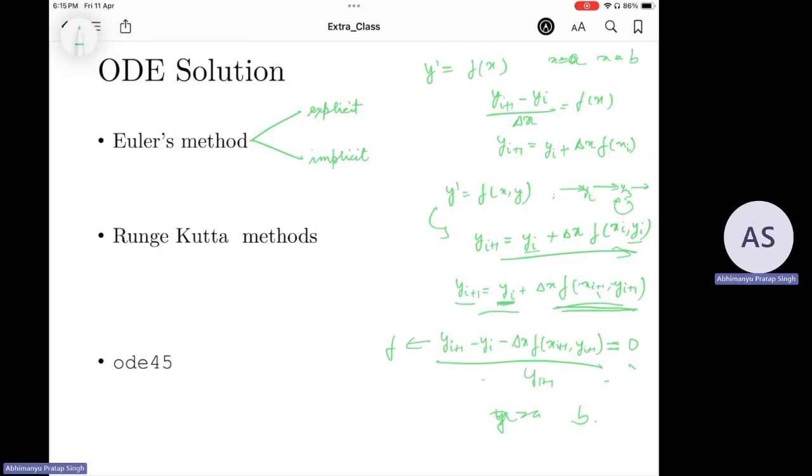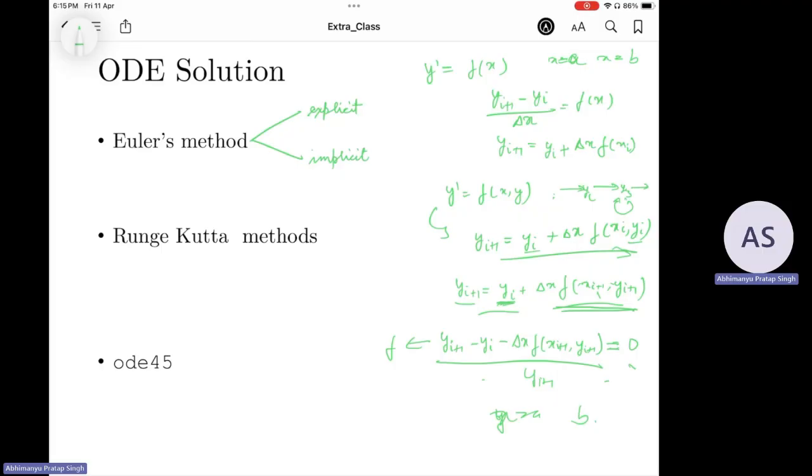We are solving a root finding problem, so that bounds it and does not let the overall integration go haywire. Okay. But there is a drawback also, because for each of these steps we need to do a root finding.